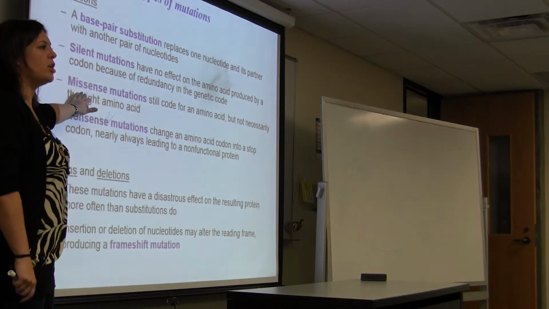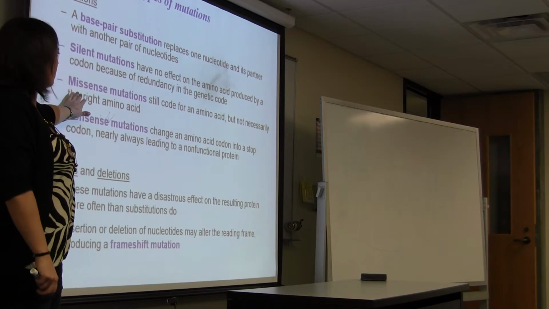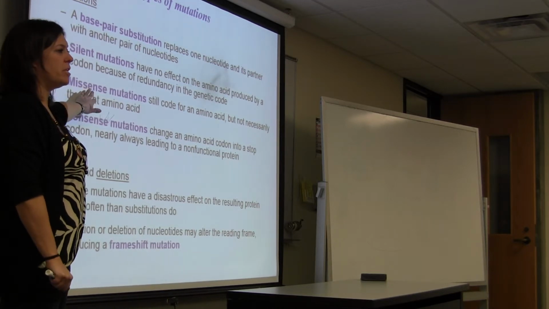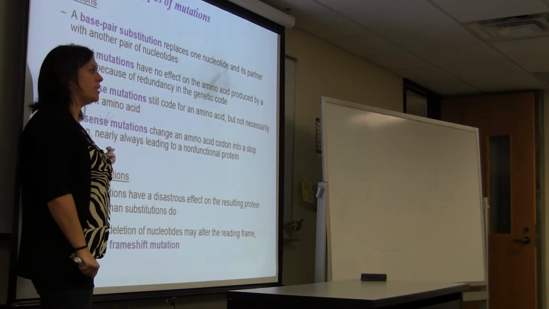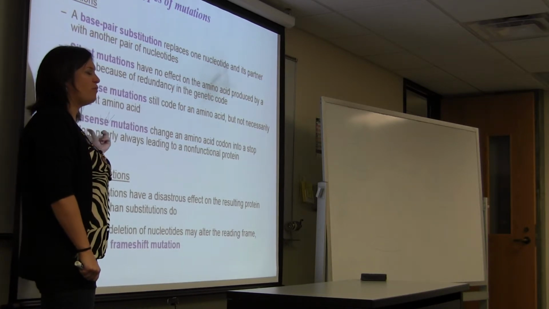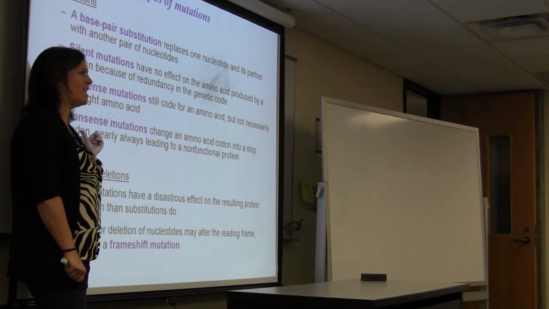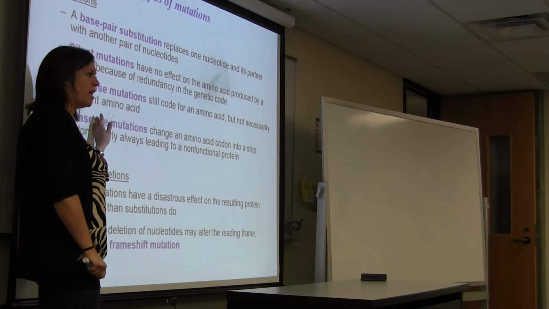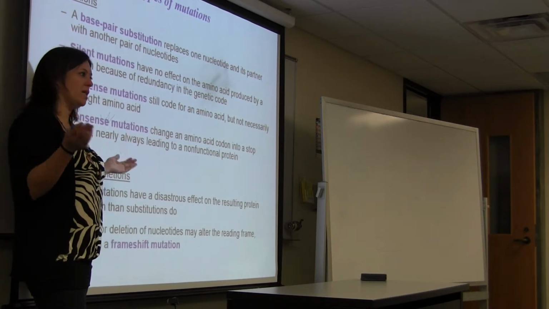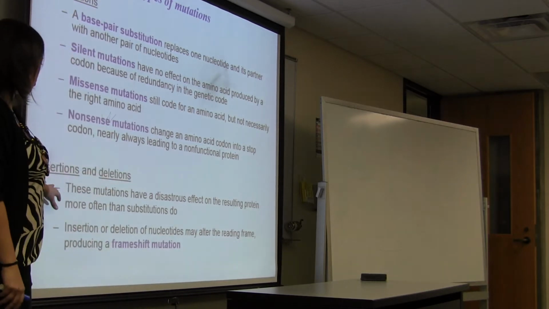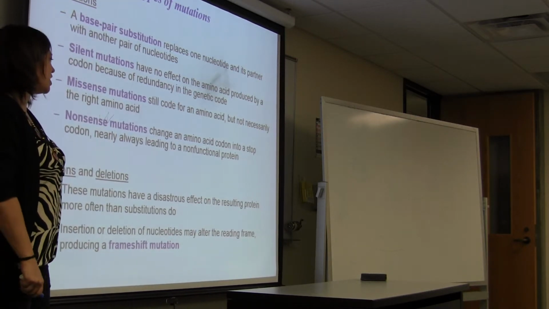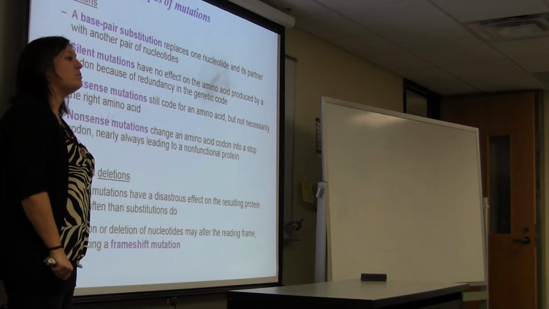Now, when you do end up changing the amino acid sequence, that's going to be a missense mutation. And then it's also possible to make an early stop codon. So if you have a mutation that leads to an early stop codon, then that means your protein is going to be cut short, right? Your protein's cut short, it's not going to be very functional, now is it? And then of the insertions and the deletions, again, these are going to lead to frame shift mutations.